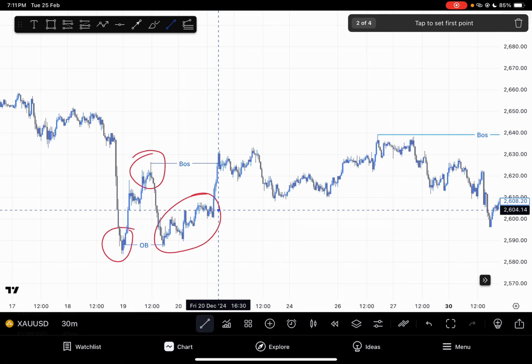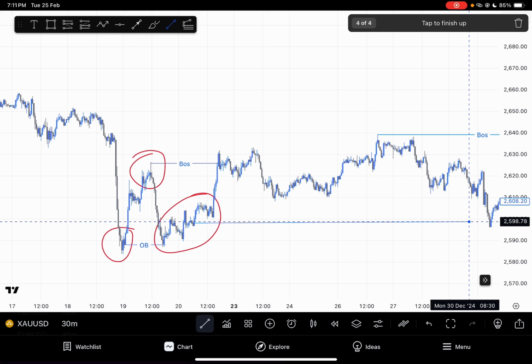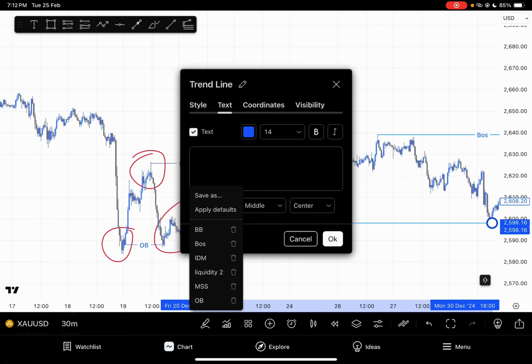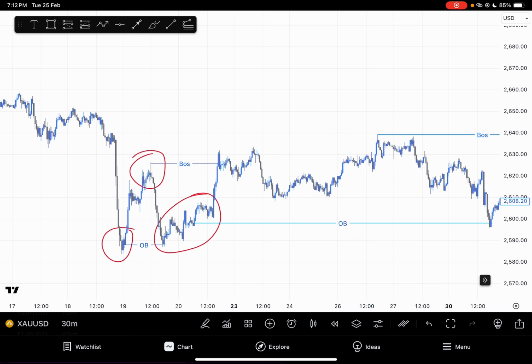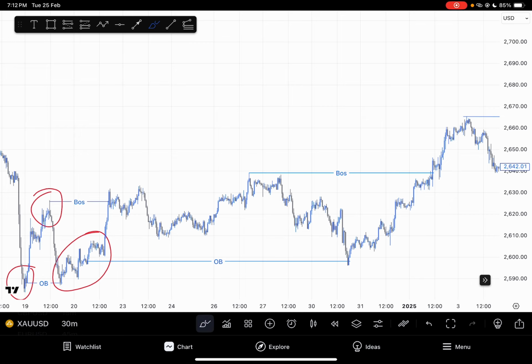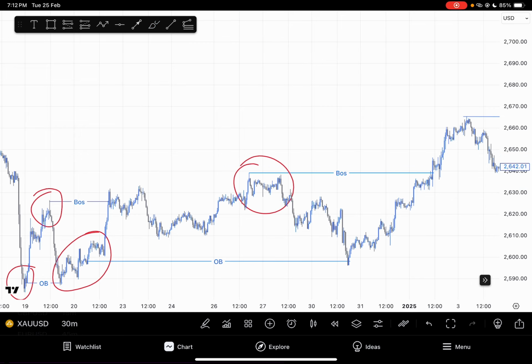So from here, after the break of structure, you mark out the order block. So if you should trace that back, you see price tap into the order block and push to the upside again, taking out this previous high, creating another break of structure.